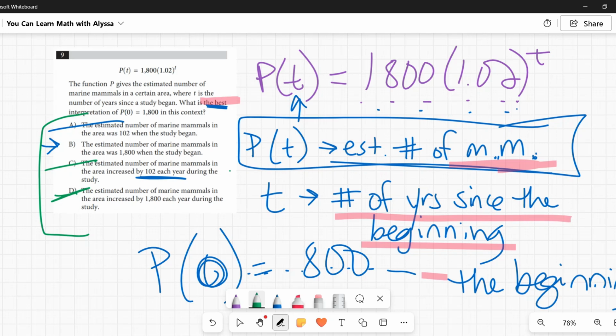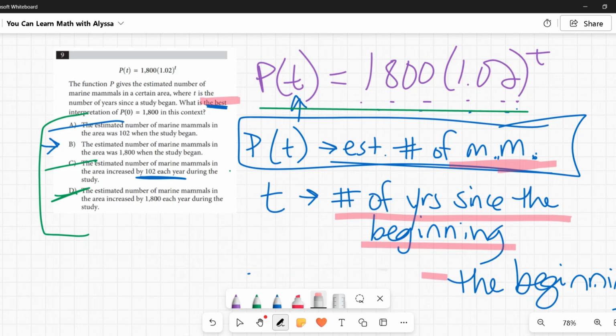But a lot of times there will be two that are correct, but one is better. So for example, this one might have done a correct statement by saying this population increased by so many mammals in the first year. And if you did the math, you go, wait, it did increase by that many mammals in the first year. What do I do? They're both right. When that kind of thing happens, you want to go back to the question.